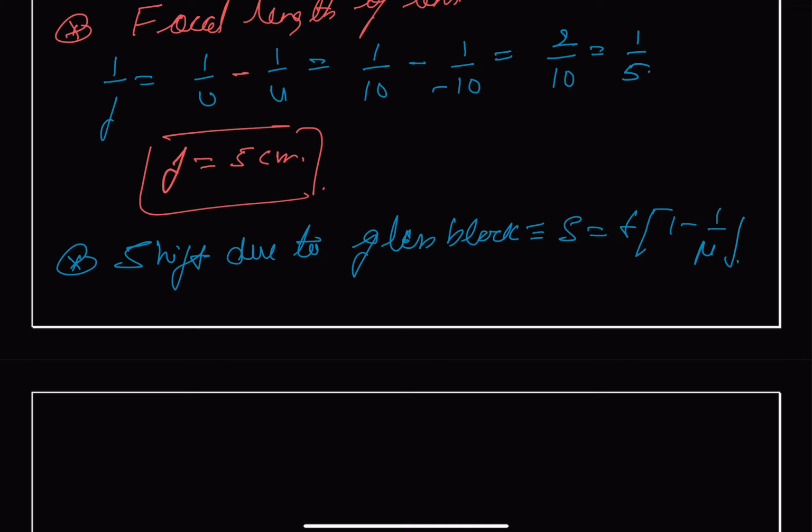So we substitute the values: thickness is 1.5 centimeters, and this is 1 minus 1 upon 1.5, and this comes as 0.5 centimeters. So shift is 0.5 centimeters.